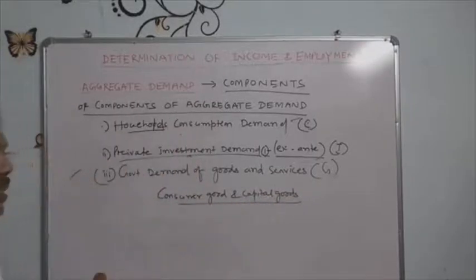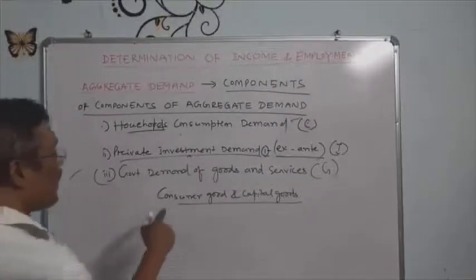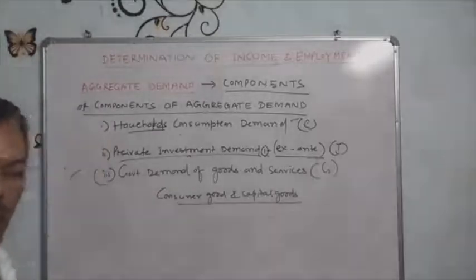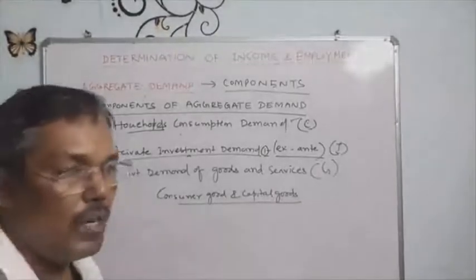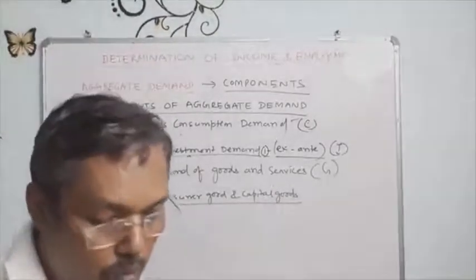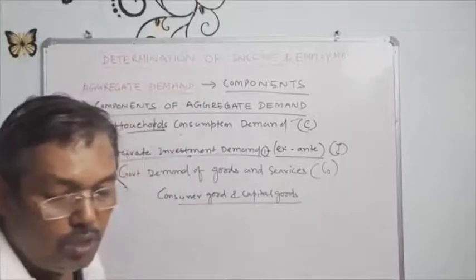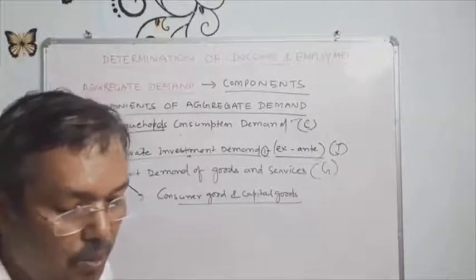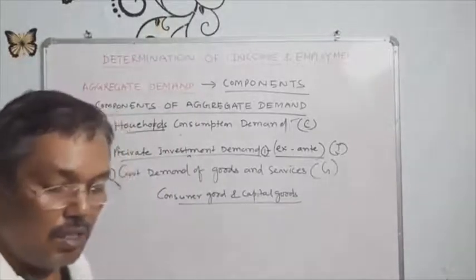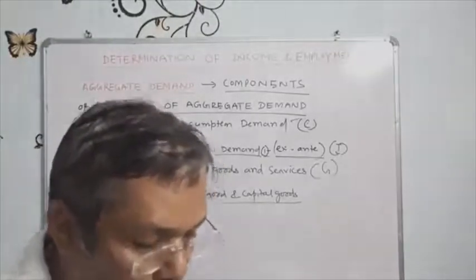The government makes a plan to spend on consumer goods and capital goods. What are consumer goods? What are capital goods? We have already discussed. So these consumer goods and capital goods can fulfill the needs of the society.